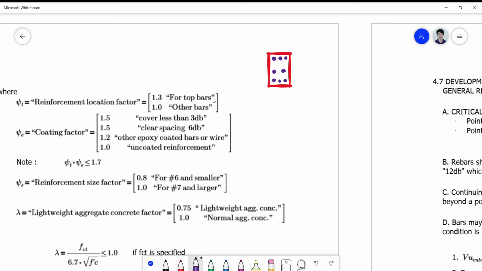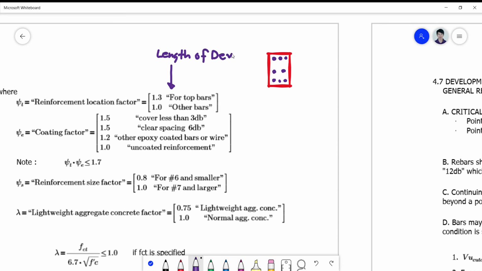Okay, so we only have two choices to make. We don't have any bottom bar here, and this only applies, of course, with the length of development concept. In other situations, this may not apply.